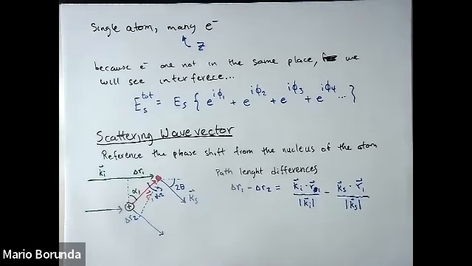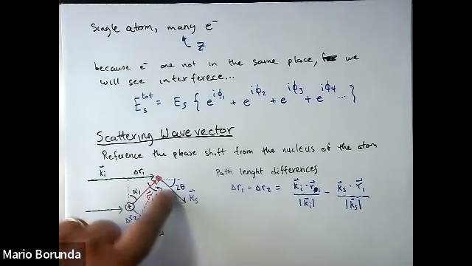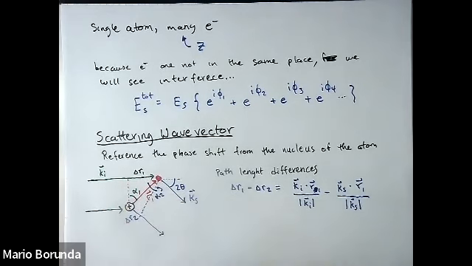Okay, so at this point, we have two vectors. I have my Ki vector in this direction, and I have my Ks vector in this direction.